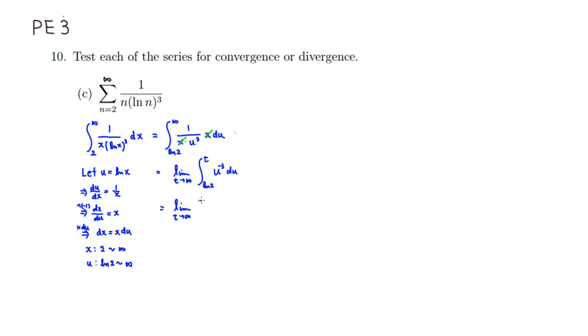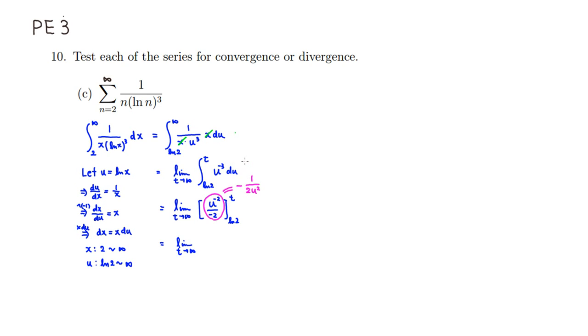The antiderivative of u to the negative 3 is add 1 to the power, so it's negative 2, and divide by negative 2, going from natural log of 2 to t. I don't like the way this is written, so I'm going to rewrite it: there's a negative sign, there's a 2 on the bottom, and there's a negative power, so you have u squared on the bottom.